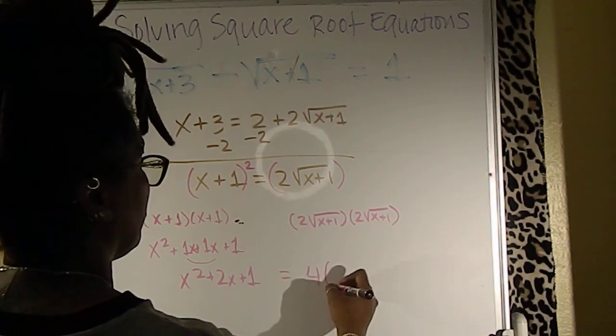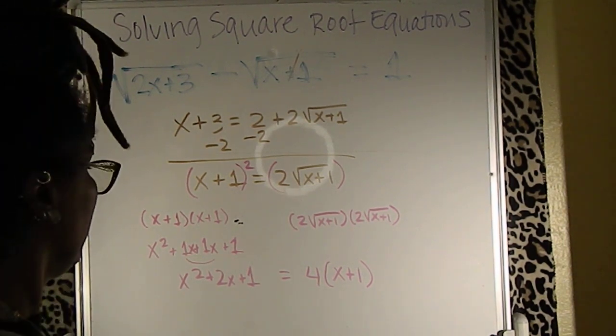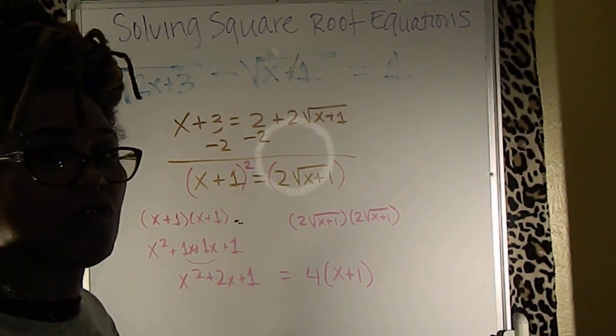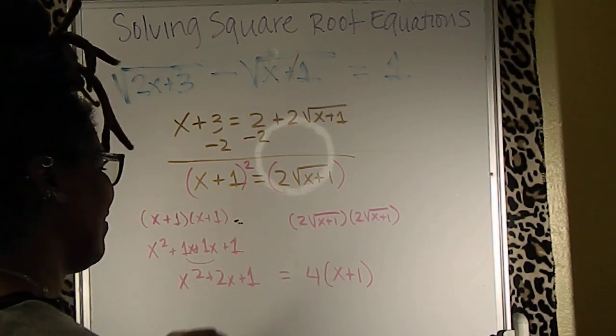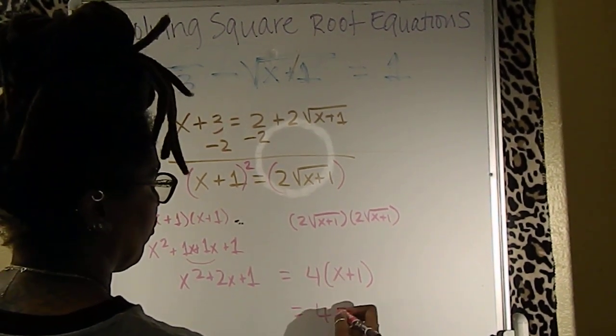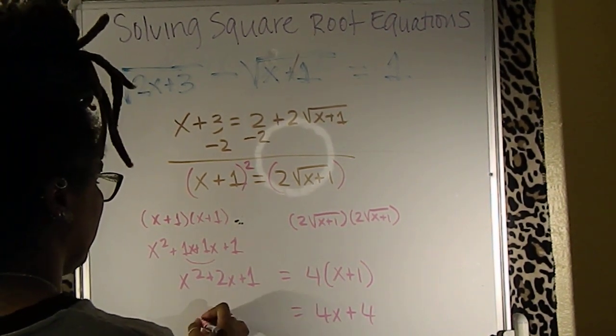Well, we know. That just makes it x plus 1 from underneath the radical. So here, you're going to do that thing that you love to do. Starts with the D, means multiplication. Distribute, yes you are. So, bring that down. 4 times x, 4x. 4 times 1, positive 4. Bring all of this down.